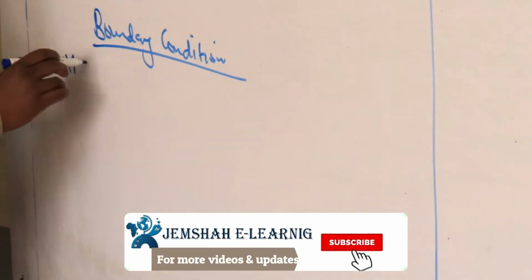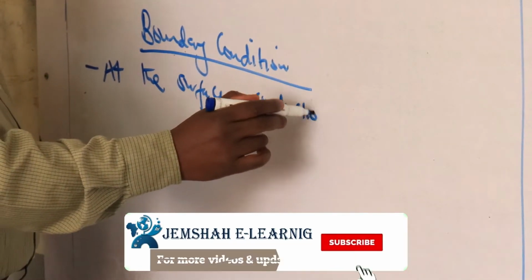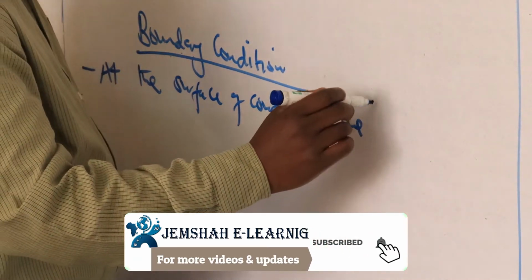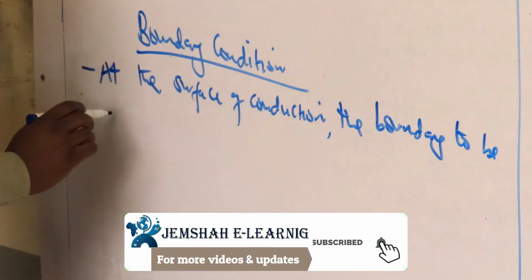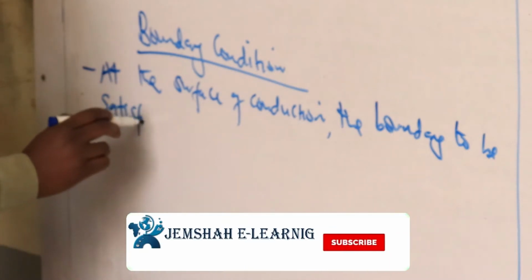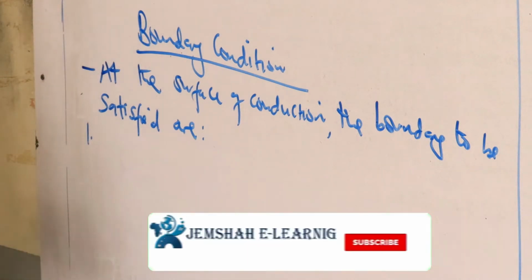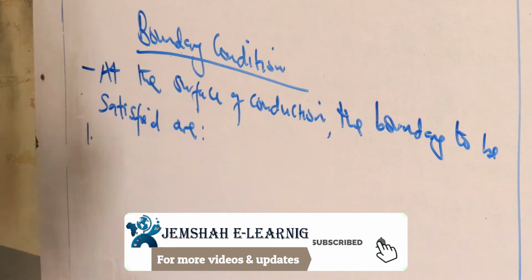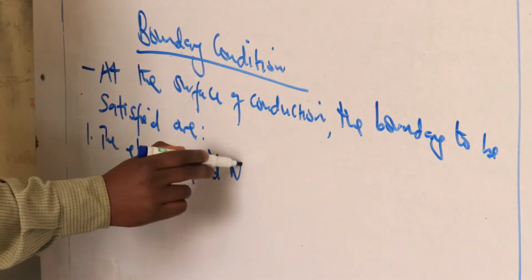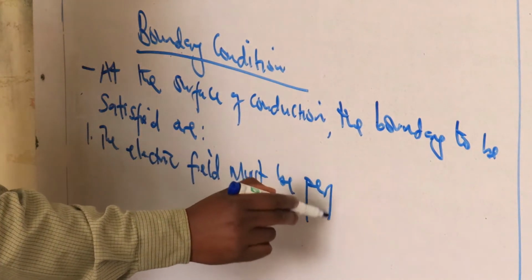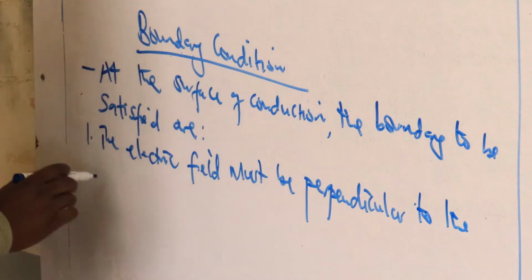So at the surface of conduction, the boundary conditions to be satisfied are, 1, the electric field must be perpendicular to the surface.